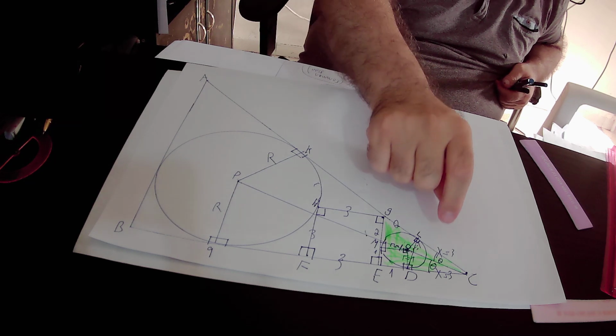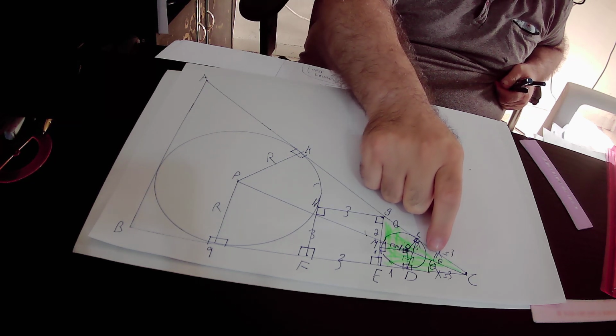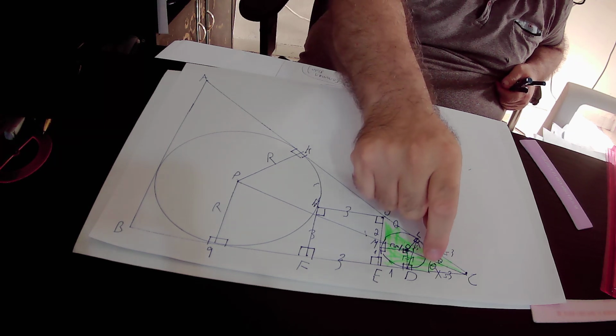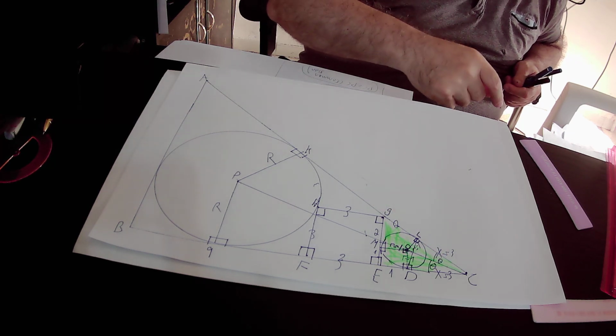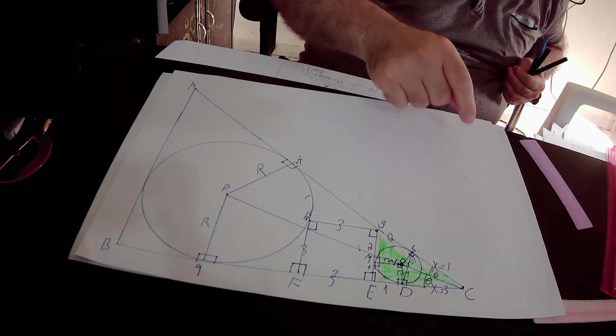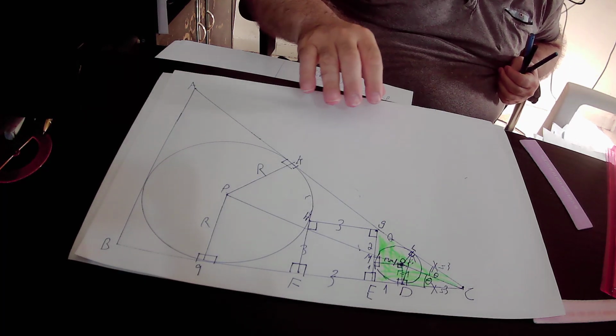So if we define one angle as theta, then the other angle must also be equal to theta, because as corresponding angles, they are equal to each other.